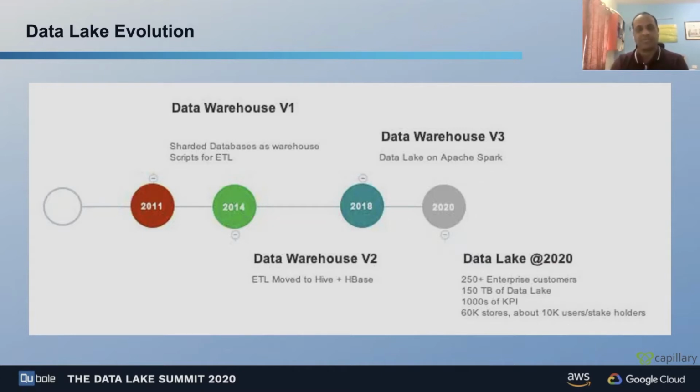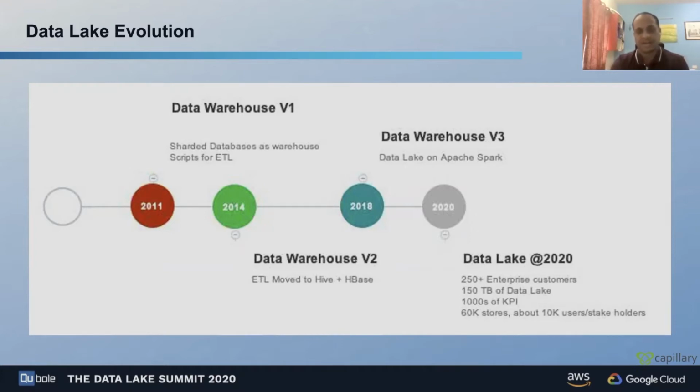We integrate to their point of sale system and their back office, capture all kinds of omni-channel data sets that those customers have, and bring them into our data lake, and there are several products and services which power this data lake. When we started back in 2009, 2010, the first version of the data warehouse that we launched, close to 2011, was completely built on data warehouse concepts.